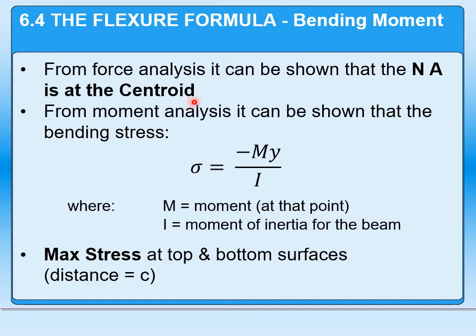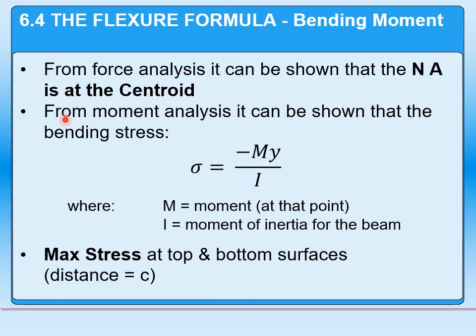The centroid of the surface is the geometric center of this object. Now keep in mind that is for homogeneous beams, all of the same material. If we have beams made up of different materials, it gets a little bit more complicated, but for now we'll assume that our beam is homogeneous, and so it's going to be acting at a centroid.